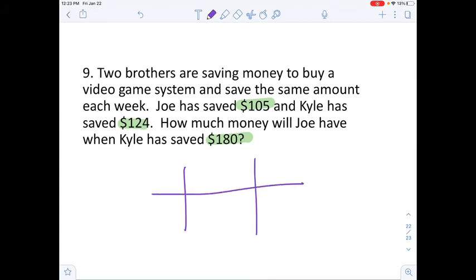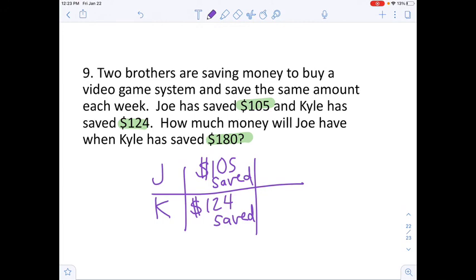All right, so if we set up a table here, we know we have Joe and we have Kyle, JK. Joe has saved 105, so I'm going to do 105 saved. And Kyle has saved 124. Okay, making sure that those are in the same column.